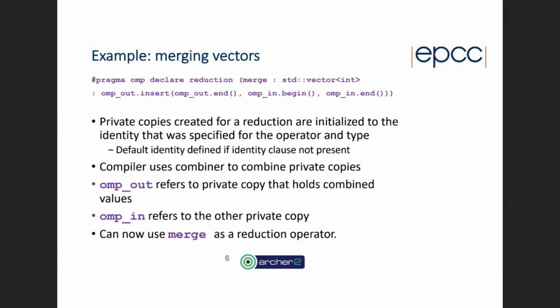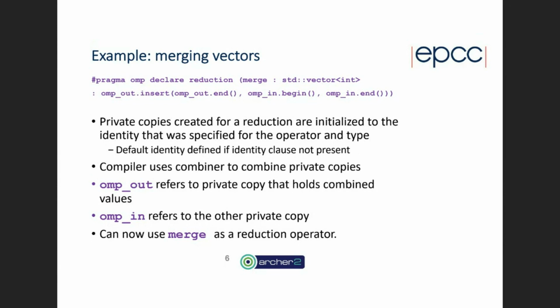The omp_out is going to be the private copy that's going to hold the combined value, and omp_in refers to the other private copy. So it assumes that this takes omp_in and omp_out, combines them together, and produces the result in omp_out. What this one does is it says insert in omp_out at position omp_out end the values from omp_in begin to omp_in end.